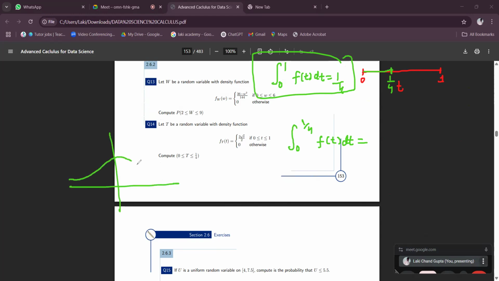No, because the curve looks like this. This is the larger area, this is the smaller area, right?